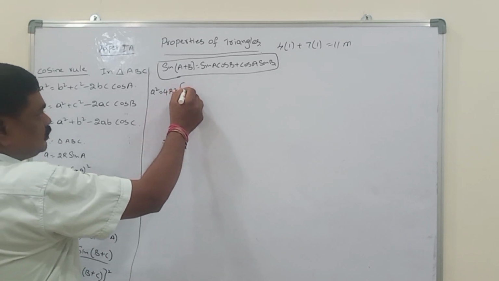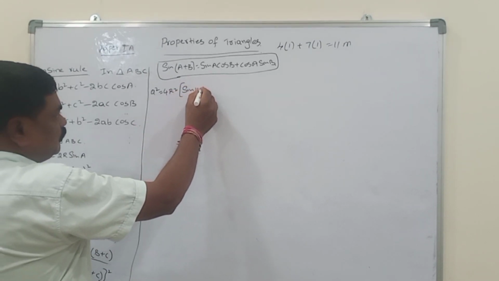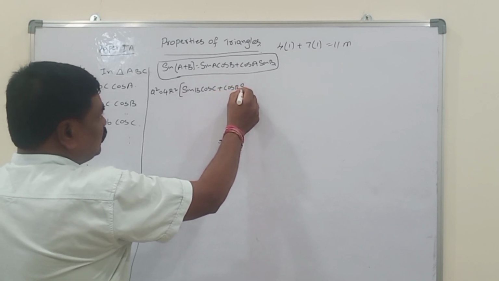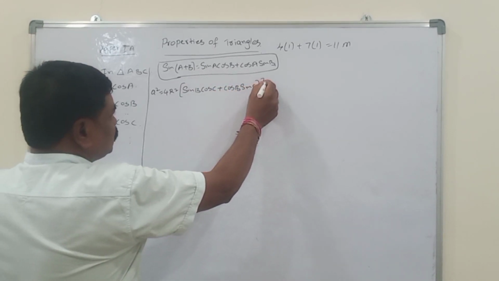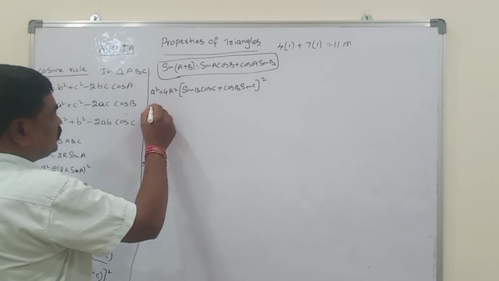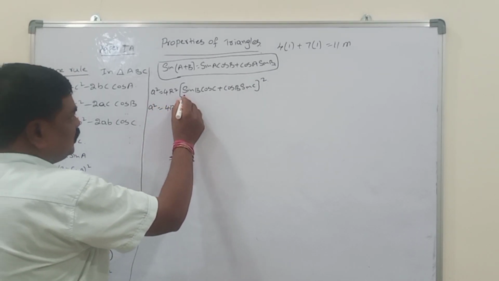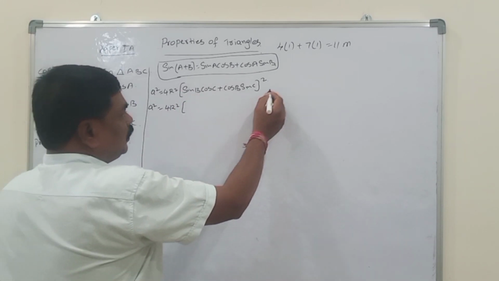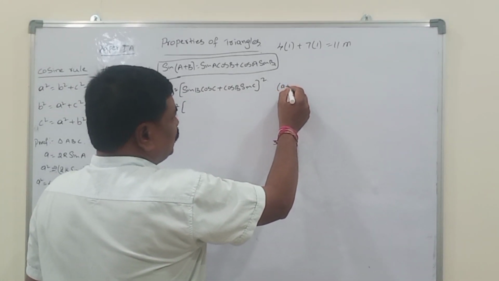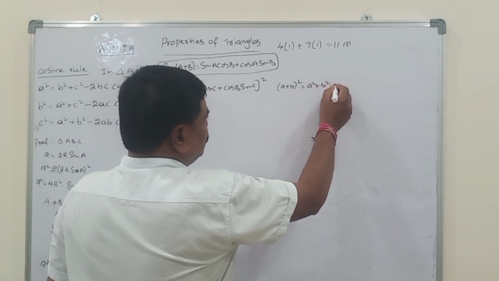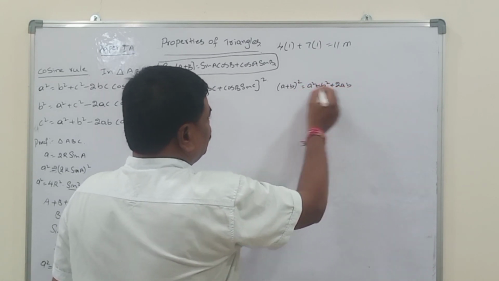This is sin B cos C plus cos B sin C whole square. So a square is equal to 4R square, and this is in the form of a plus b whole square. A plus b whole square is equal to a square plus b square plus 2ab.